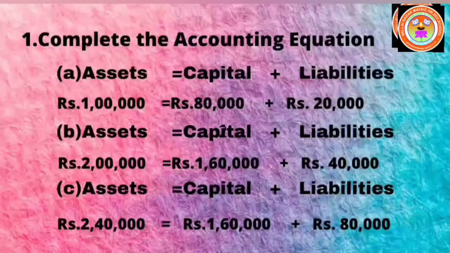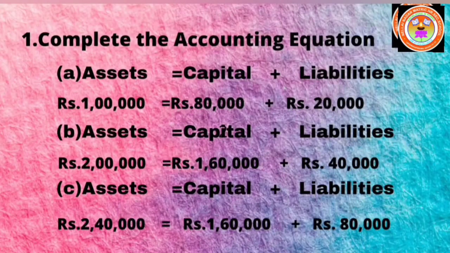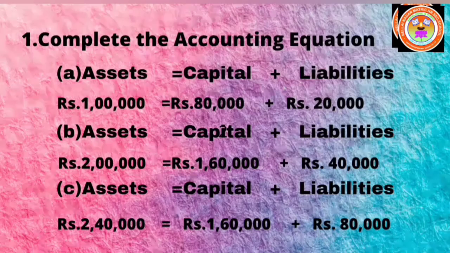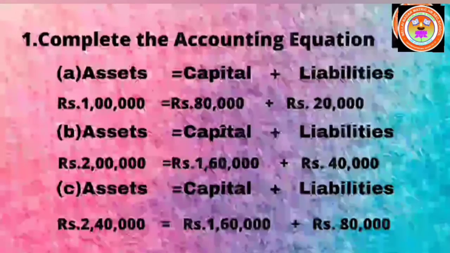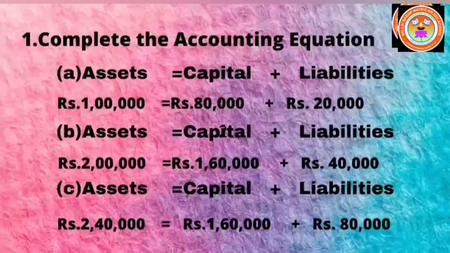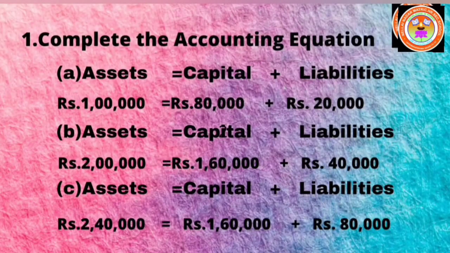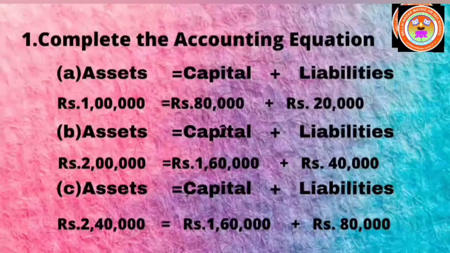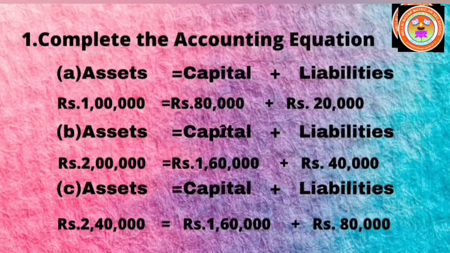First subdivision: assets equals 1 lakh, capital is rupees 80,000. When you apply this amount in the formula, capital plus liabilities combined will give you assets, isn't it? So the missing figure is liability.